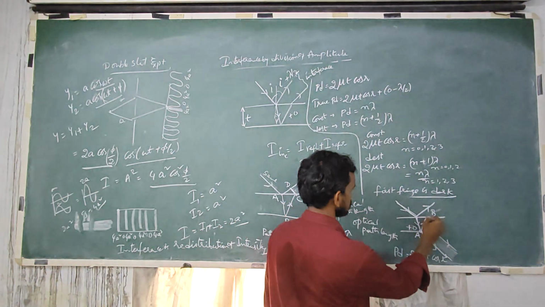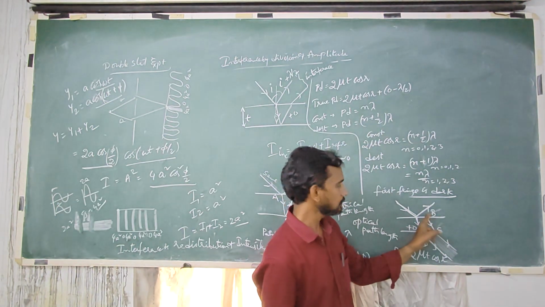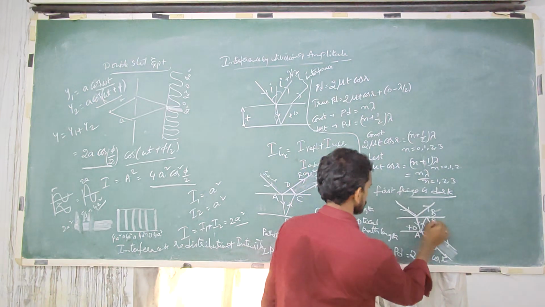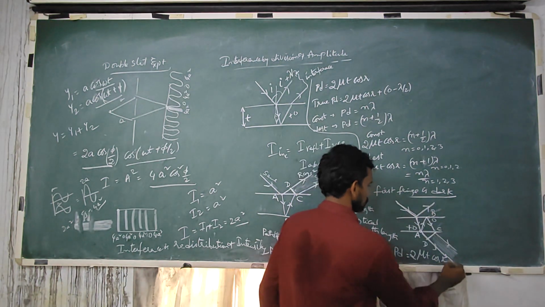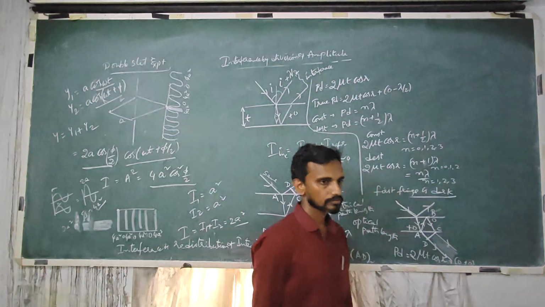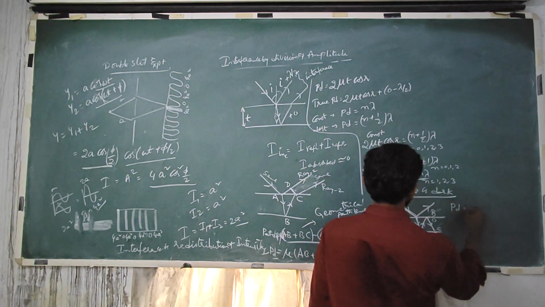Here also, during this reflection, from glass into air, 0. So the additional path difference is 0 plus 0. So all you get is path difference is 2 mu t cos r.